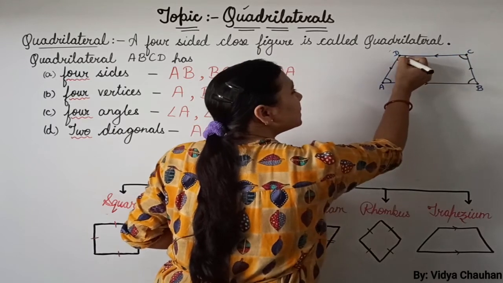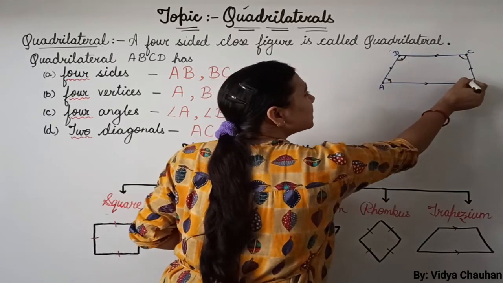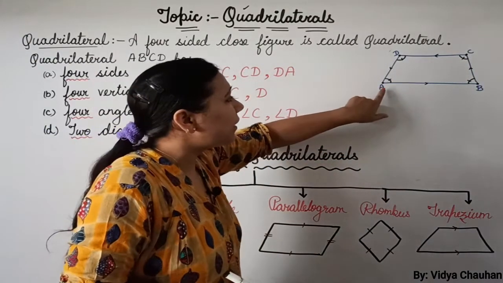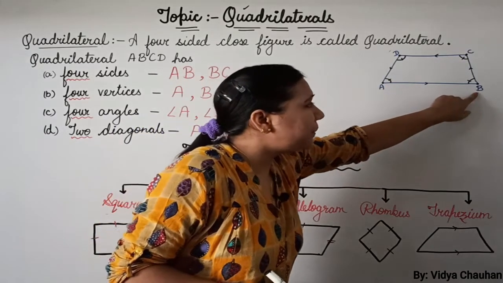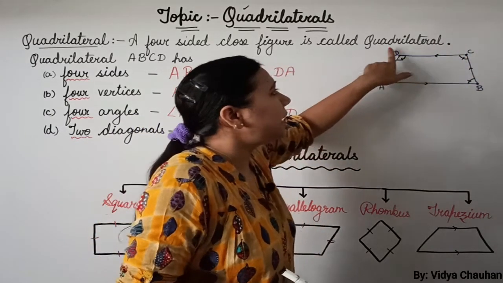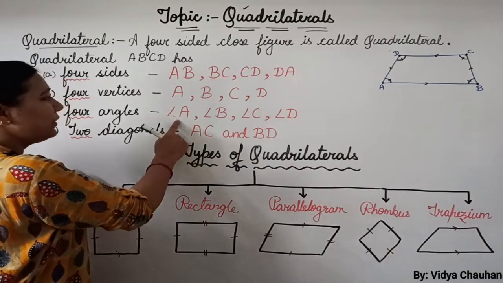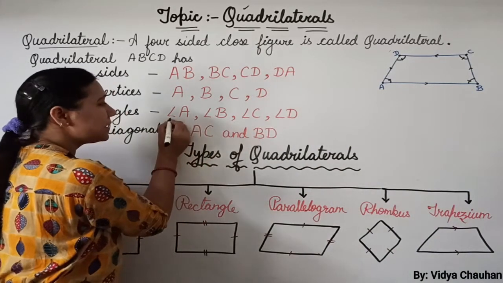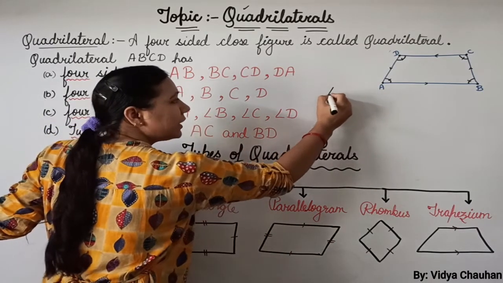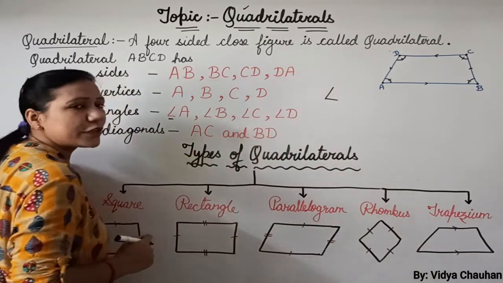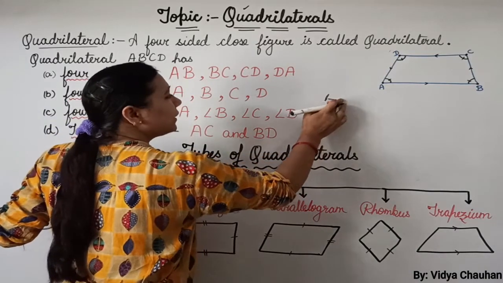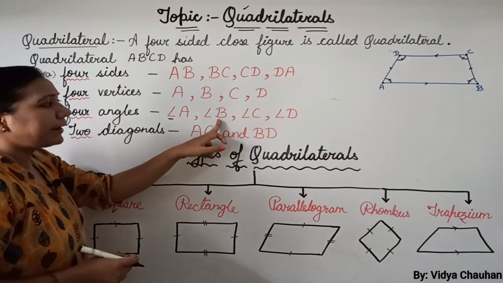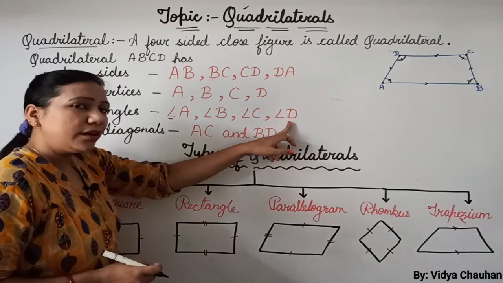Here we are talking about line segments, and the angles formed by these are angle A, angle B, angle C and angle D. When we represent angles, we use the symbol of an angle. So angle is represented by this kind of symbol. So the four angles here are angle A, angle B, angle C, angle D.